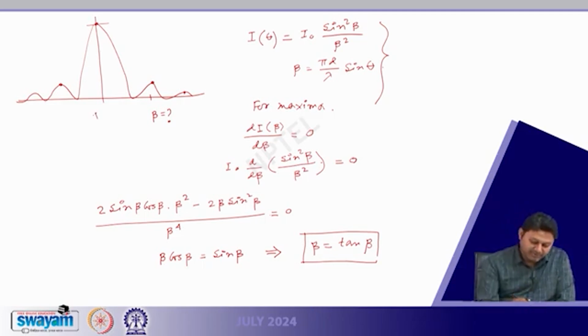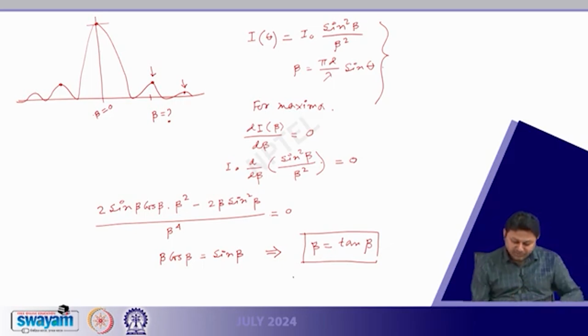So, here we have a trivial solution beta equal to 0, but I am interested in finding the solution for this point, and so on. That means not only one solution, we have many other solutions. Here beta is pi d divided by lambda sine theta.